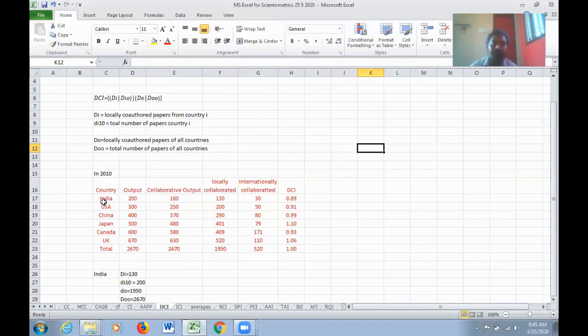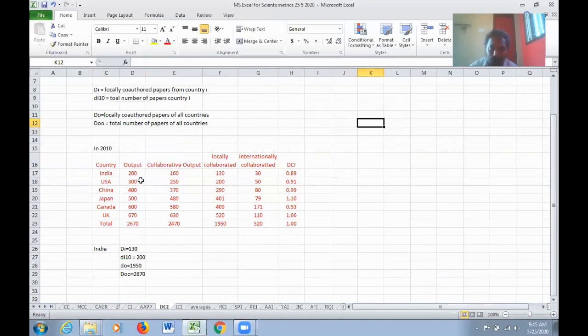For example, in India, total output is 200, collaborative output is 160. Out of 160, 130 are local collaborations and 30 are international collaborations. So how to calculate domestic collaboration index for a country like India? What is the formula? F17, what is F17? Locally collaborated papers of India, divided by D17. What is D17? Total output of India, that's 200.